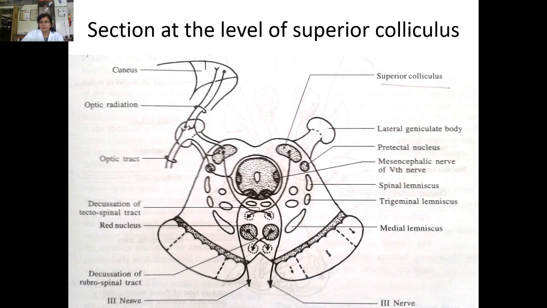So phylogenetically, in mammals, this superior colliculus acts as a visual reflex center, but in lower animals it forms the optic lobe of midbrain, and due to phylogeny, it acts as a visual center.